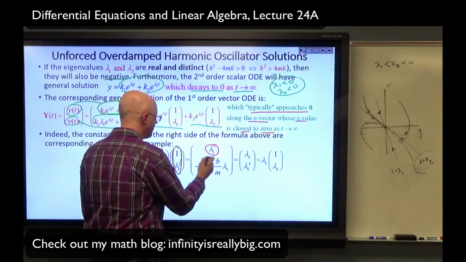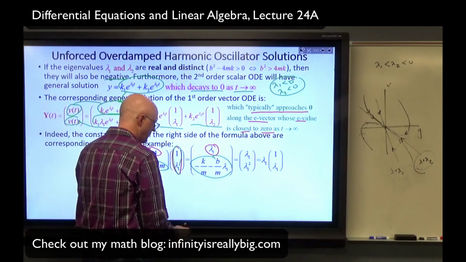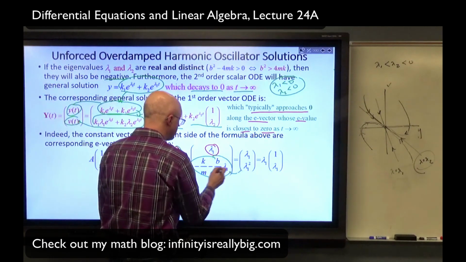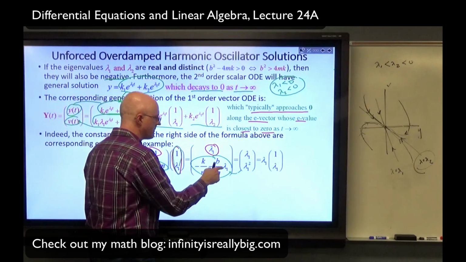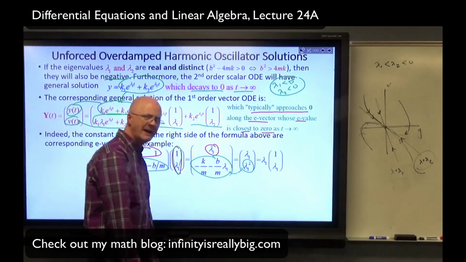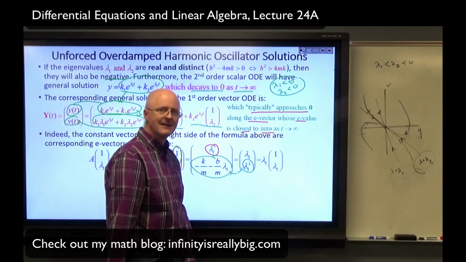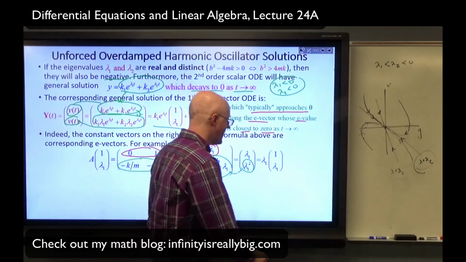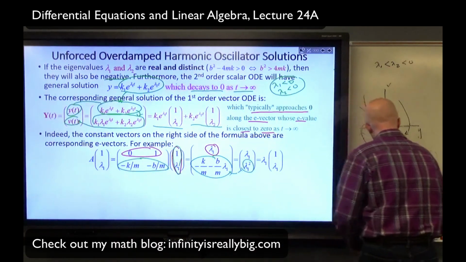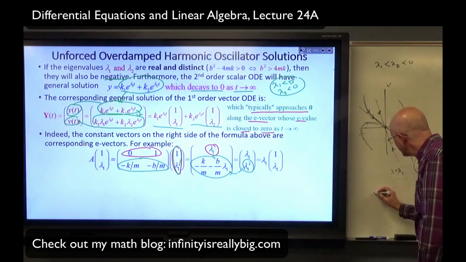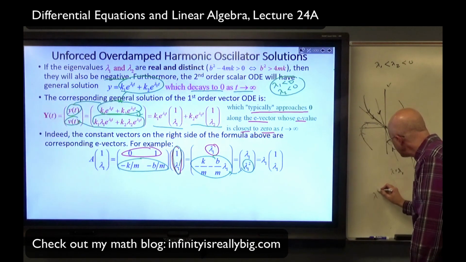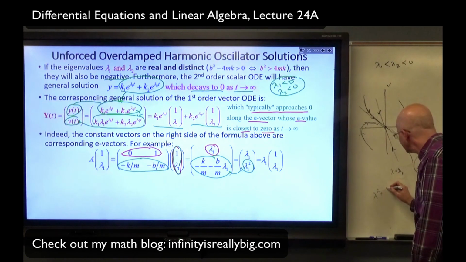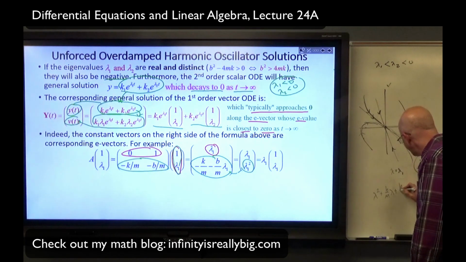And then I do a little trick. I can replace negative k over m minus b over m lambda 1 with lambda 1 squared. Why can I do that? Because lambda 1 is an eigenvalue and it satisfies lambda squared plus b over m lambda plus k over m equals 0.